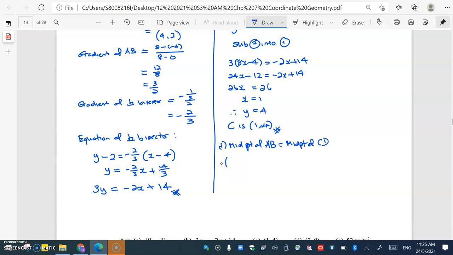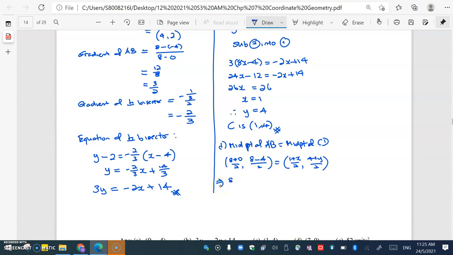So midpoint of AB, I have the coordinates: 8 plus 0 divided by 2 for x, and for y it will be 8 plus negative 4 divided by 2. This is the same as my CD. So I have 1 plus x over 2, and then I have 4 plus y over 2.